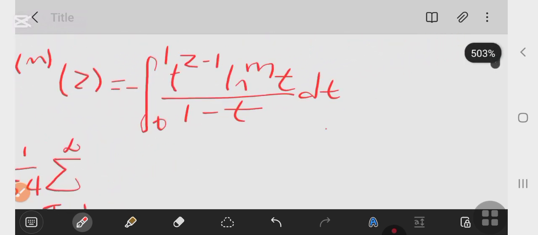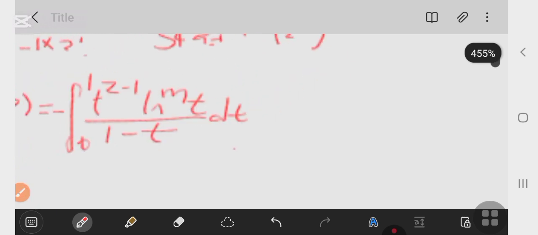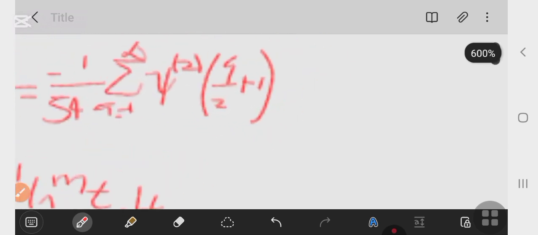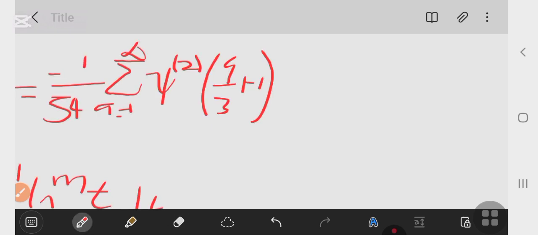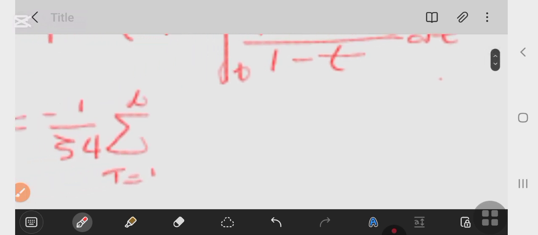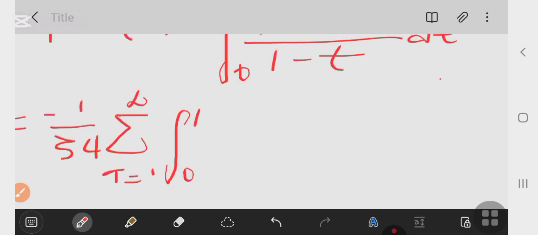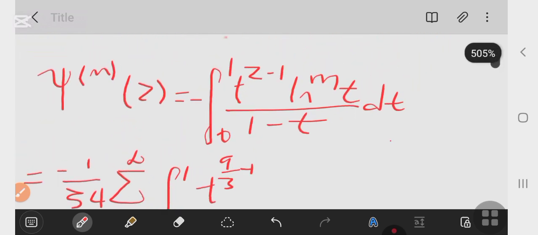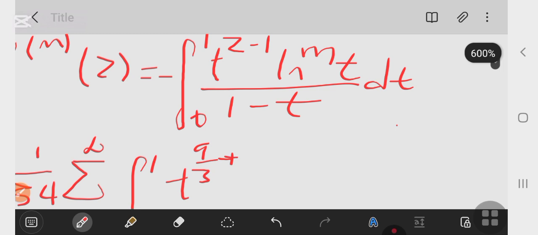My z here is a over 3 plus 1. So this is the integral from 0 to 1 of t raised to the power of a over 3 plus 1 minus 1.